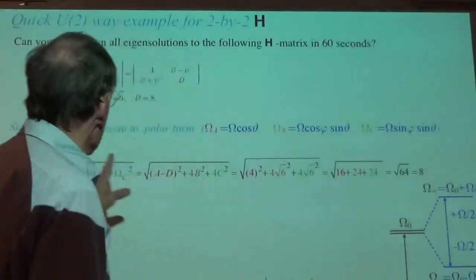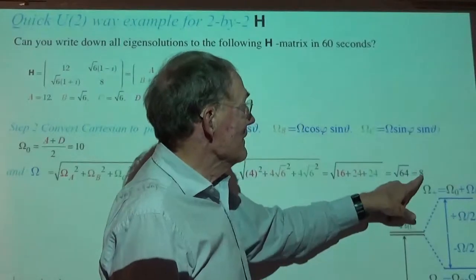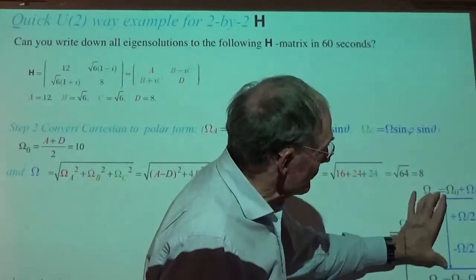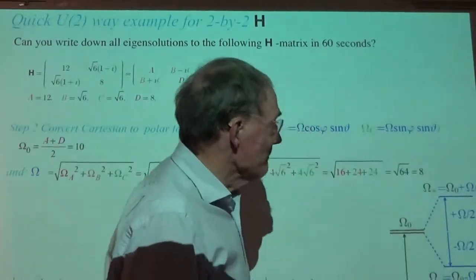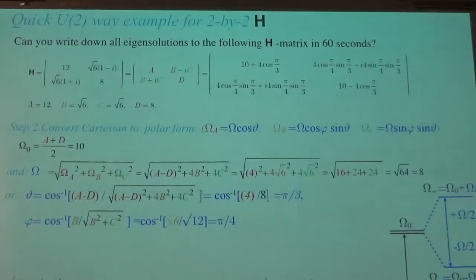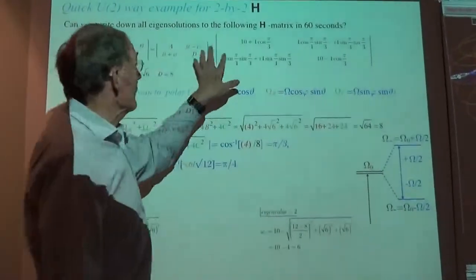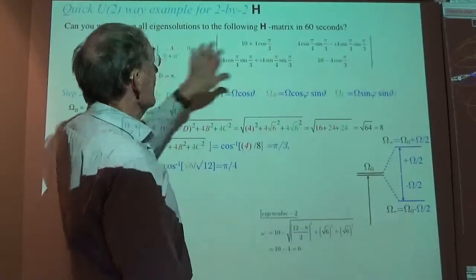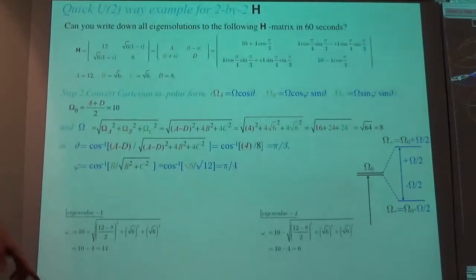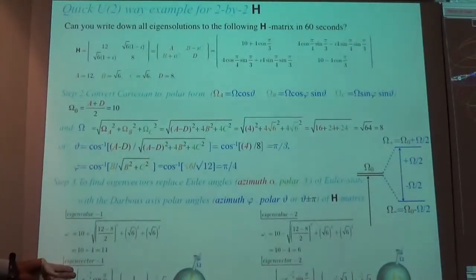There's the omega 0, it's 10. Okay? There's the omega, that's 8. That over 2 would be 4. This is 8. That's 10. Okay? I didn't quite plot it exactly right. Then you get the angles. Once you've got the angles, you can write this thing immediately this way if you want to be really sure about yourself. Just stick those angles into your eigenvectors.